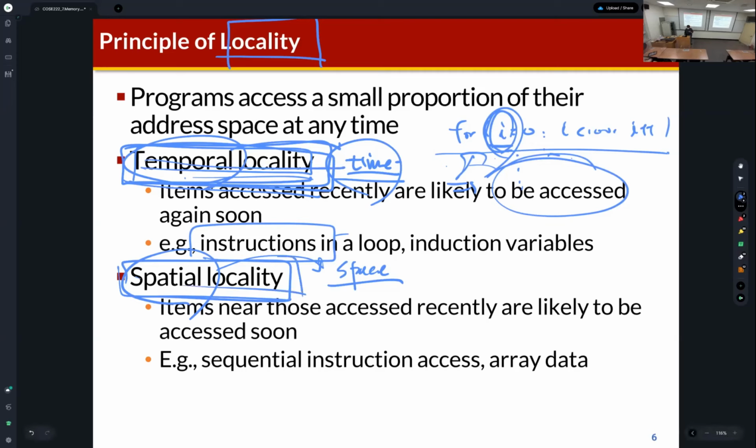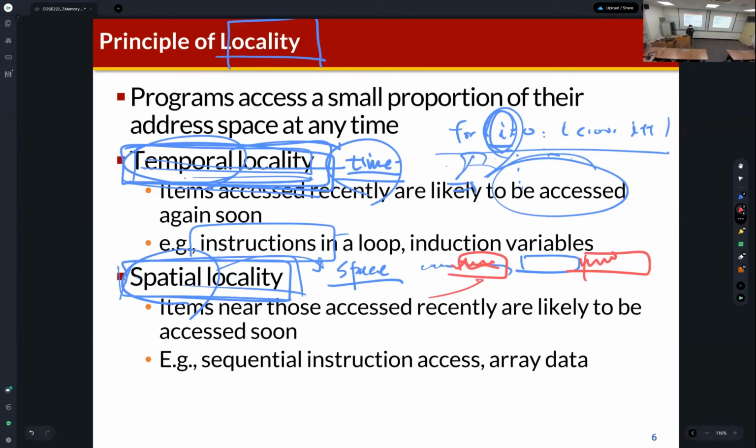And then another kind of locality is spatial locality. I said that this is the space-related locality. It means when data is accessed, then in the near future, the neighbor data, not the same data, will with high probability be accessed by our program.